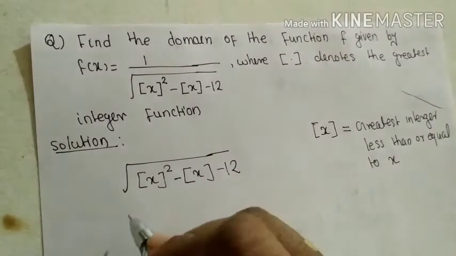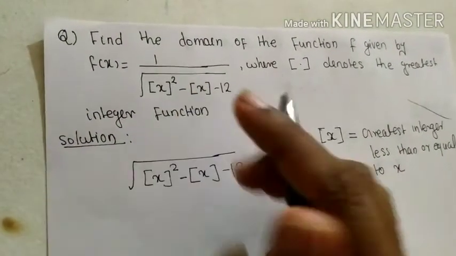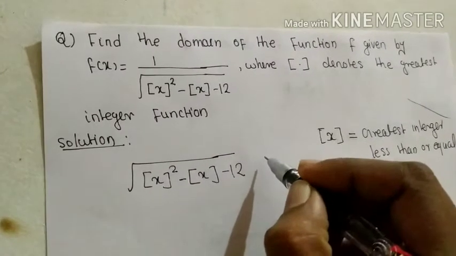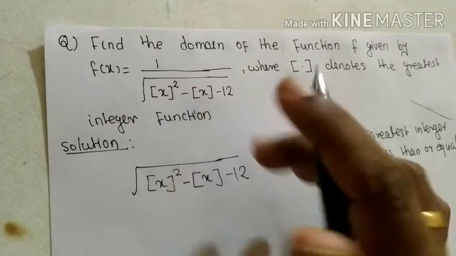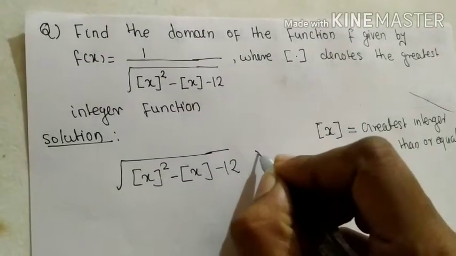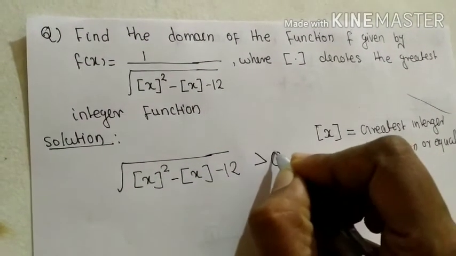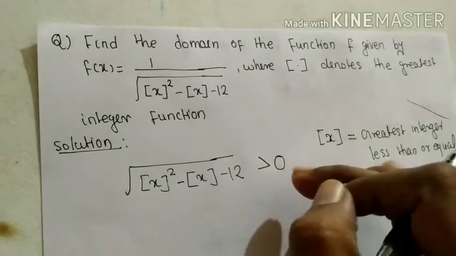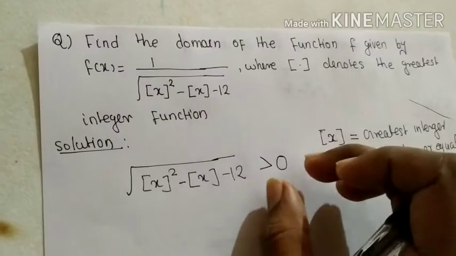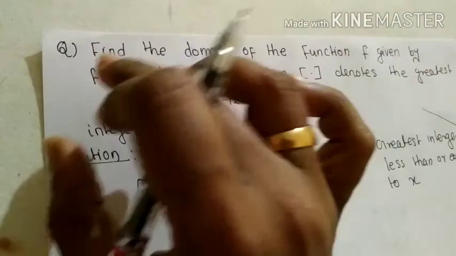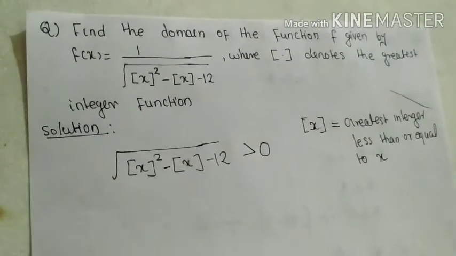And we know that a root term is always greater than or equal to 0. But here this term is present in the denominator, so we cannot write the equal to term here. We only write greater than 0. So this term is always greater than 0 in this function.